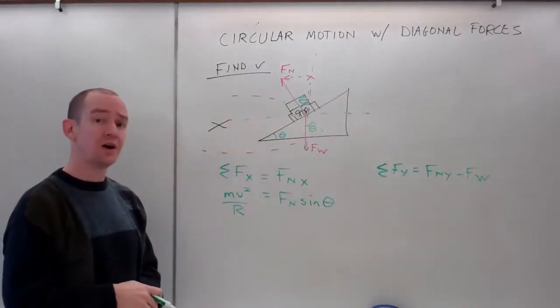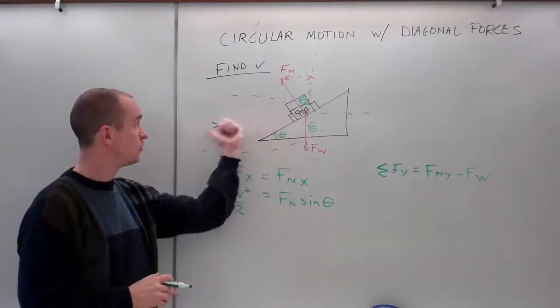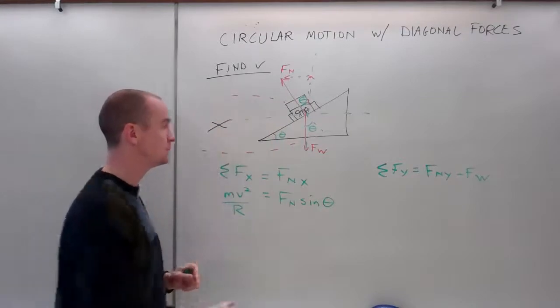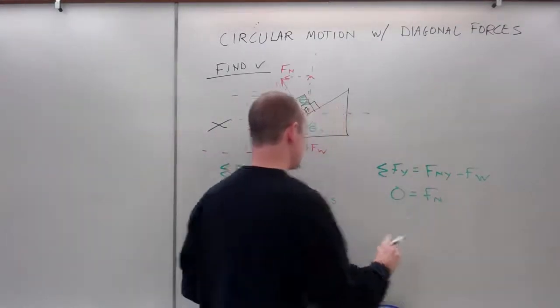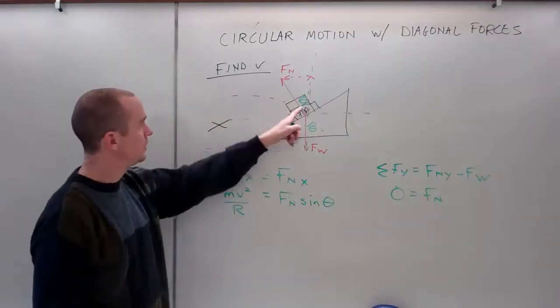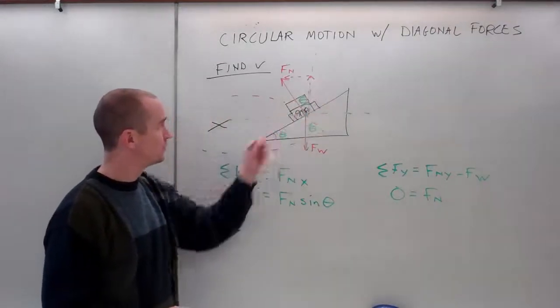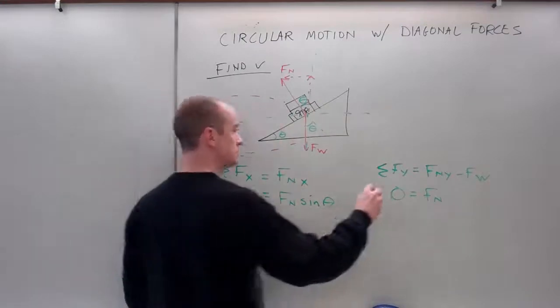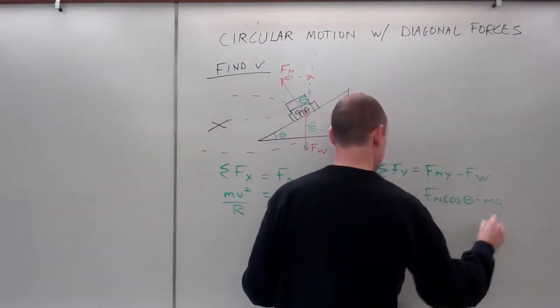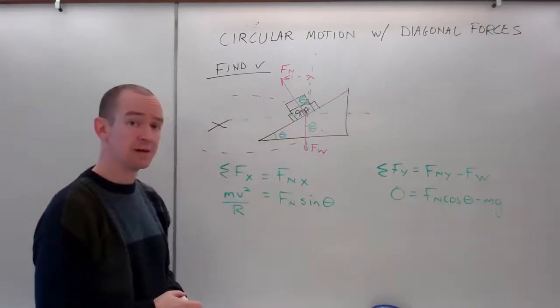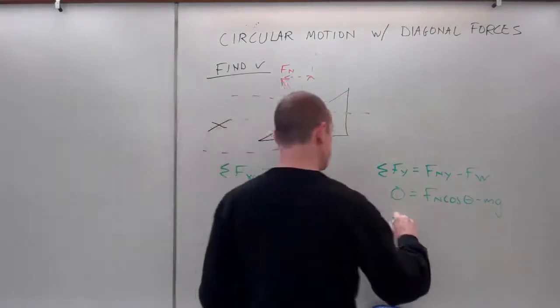The forces in the y are in equilibrium because my net force is pointing towards the center of my horizontal circle. Looking at theta, the y part of this is going to be cosine. Okay, I can solve for Fn.